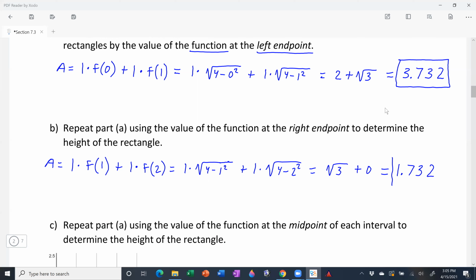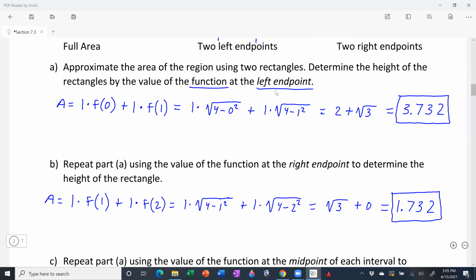So this is the correct answer if we are using the right endpoint method, just like if we're asked to find the area using the left endpoint method, that's the correct answer for that method. But both of these are not really very good for finding the true area.